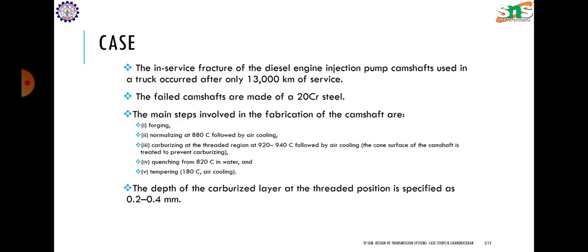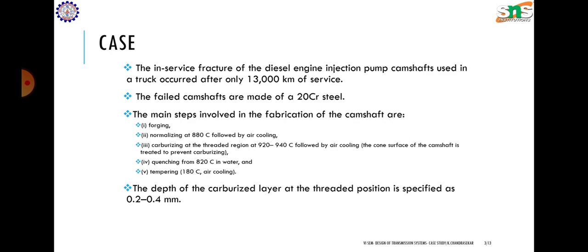Tempering is slowly reducing the temperature to 180 degrees Celsius using air. These are the steps normally considered while fabricating the camshaft.